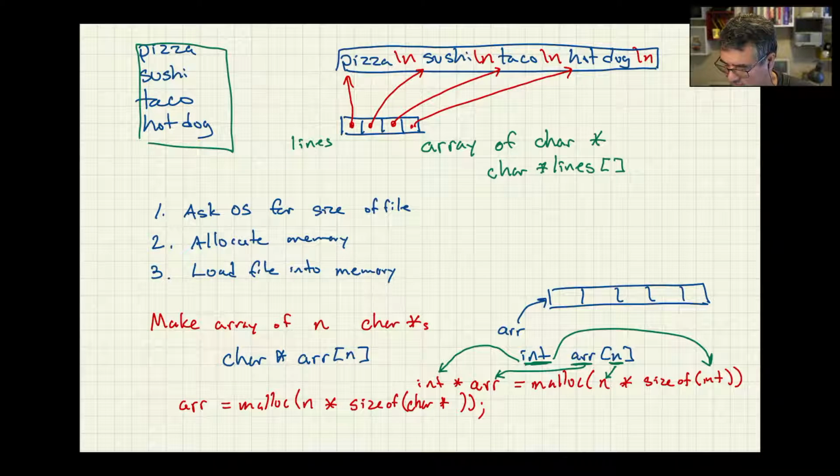So we're going to put that in front, and then add another star. Okay, so we're saying that ARR is a pointer to a character pointer. And that's what this is going to be, right? Lines here is going to end up pointing to this array. So this thing points to this thing, and this thing points to that thing, right? So we've got a pointer to a pointer.